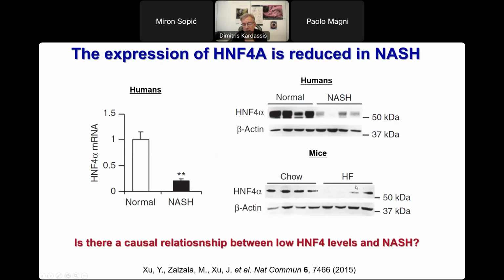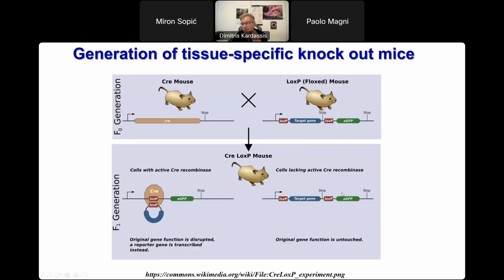So we asked the question, is there a causal relationship between low HNF4 levels, as you can see here, and NASH? And of course, to answer this question, you need to have an in vivo model. What we did was we generated an in vivo conditional knockout mouse model of HNF4. We used albumin Cre mice that express Cre recombinase in the liver only.